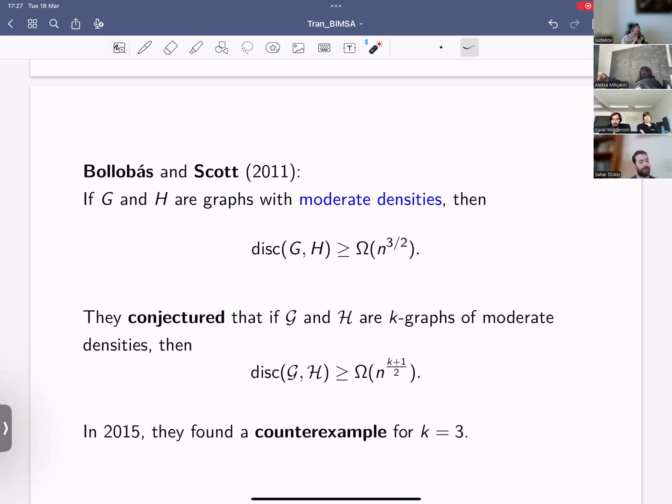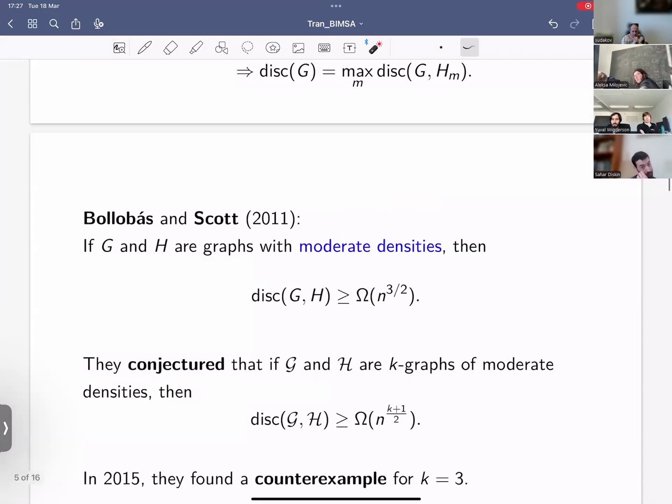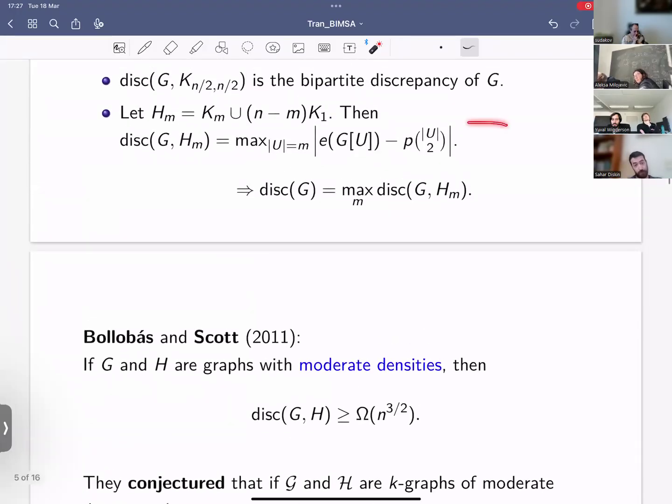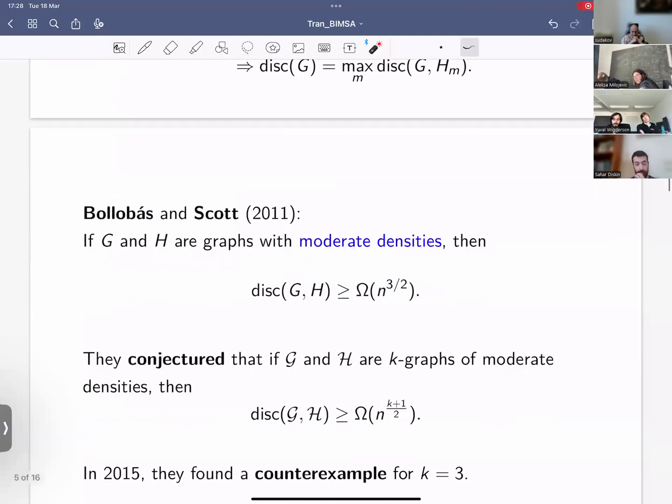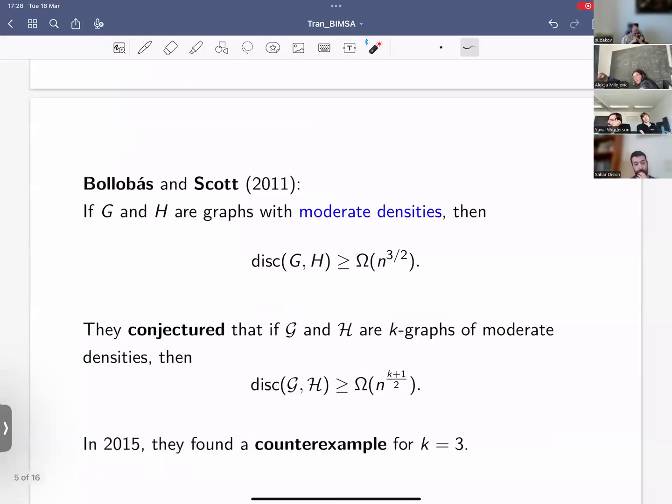Here the hidden constant depends on the densities of G and S. From the previous argument, we see that this result implies that the discrepancy of any graph of moderate density must be bounded below by n to the 3/2. So the Bollobás and Scott result implies the earlier result by Erdős in the graph case.